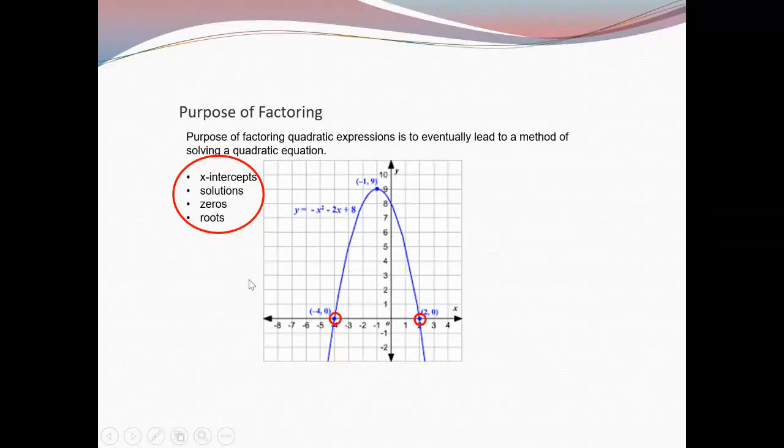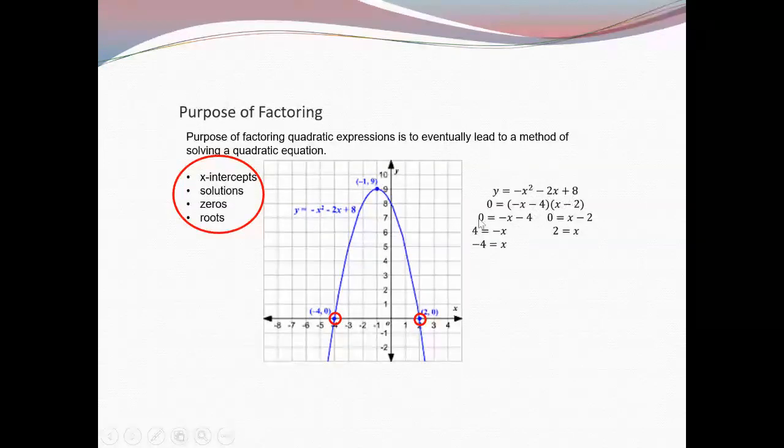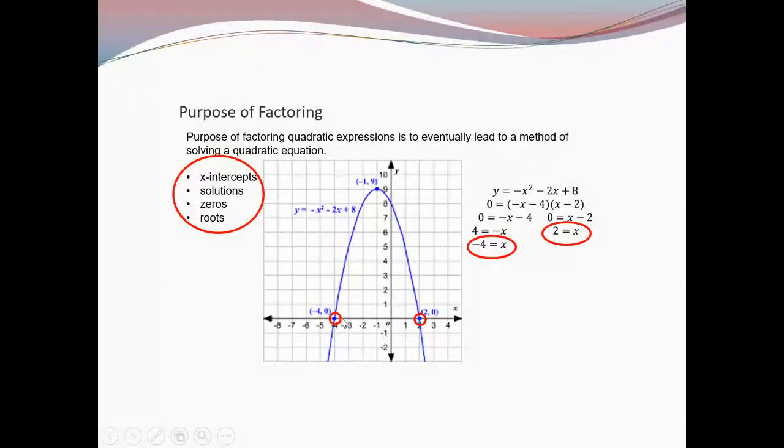They all mean the same thing, finding where the graph crosses the x-axis. Here are the intercepts, but you have to know how to factor to actually find the intercepts, which are negative 4 and 2, negative 4, 0 and 2, 0.